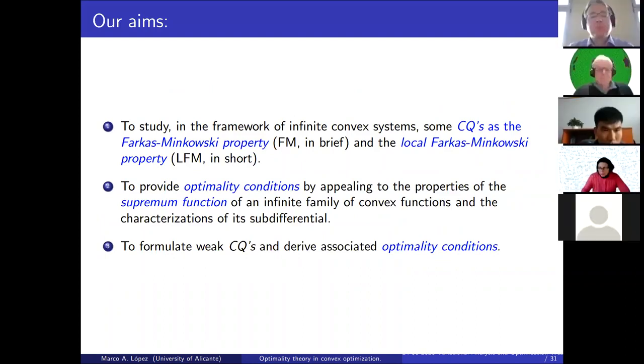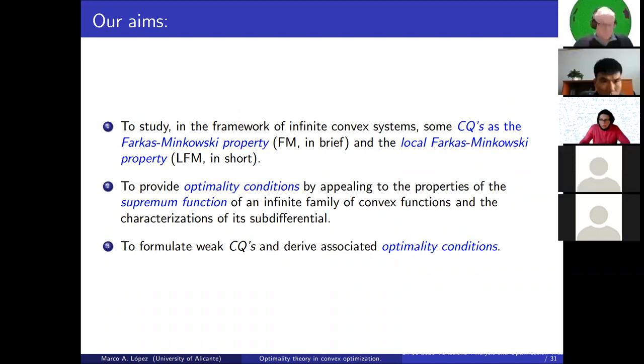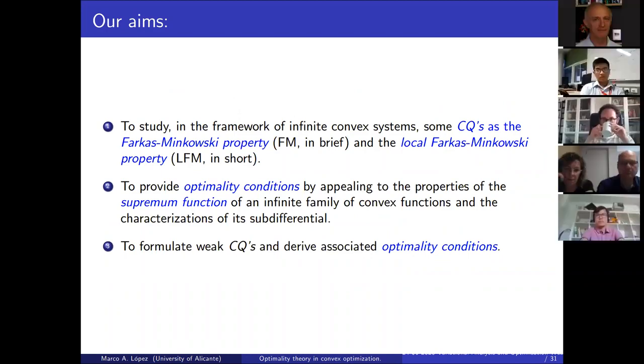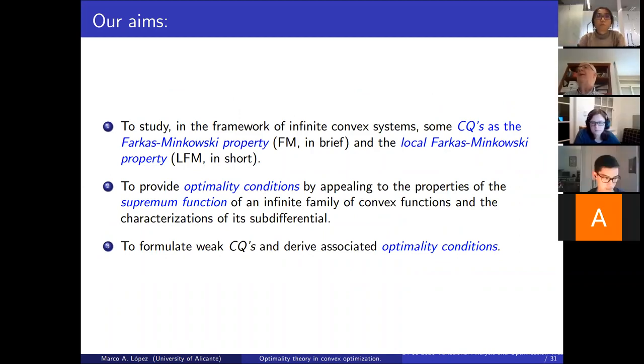Okay, these are our aims. We want to study certain properties of systems which play the role of constraint qualifications when I try to derive optimality conditions for problem P. They are well known, so the first part is a little bit older than the rest of the talk.